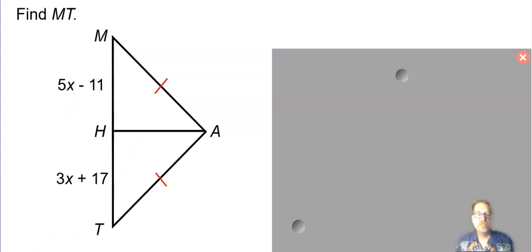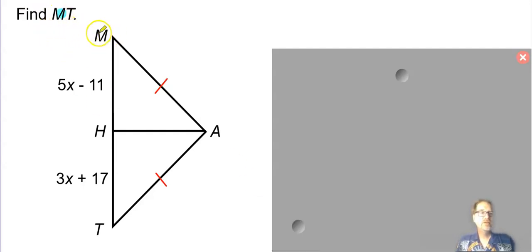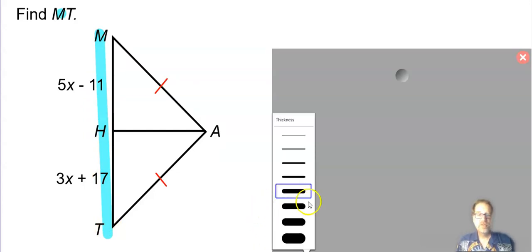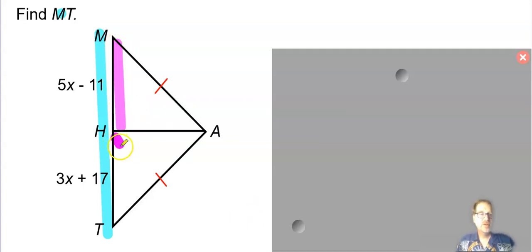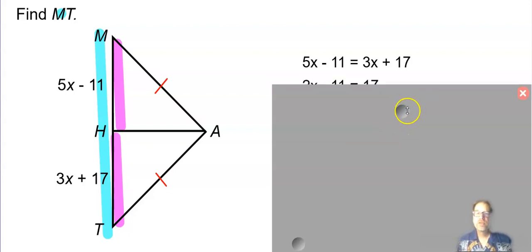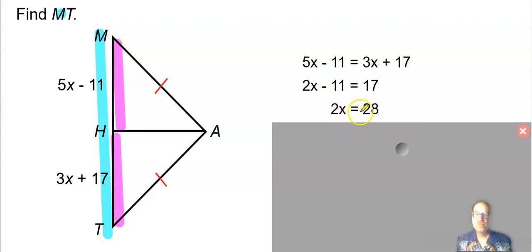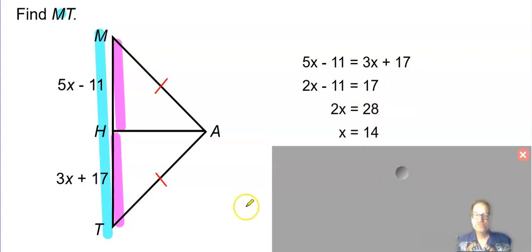Let's find MT. What I want to find is this entire length. But what I know is these two sides are the same. So I can set it up. So 5x minus 11 equals 3x plus 17. Move the smaller x over, subtract 3x from both sides, add 11 to both sides, divide by 2.